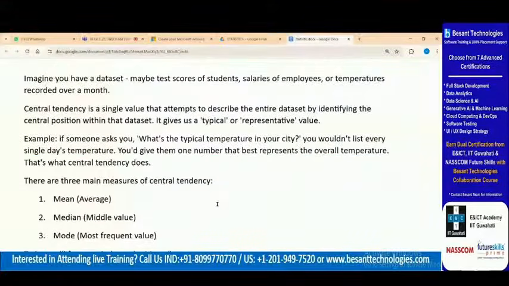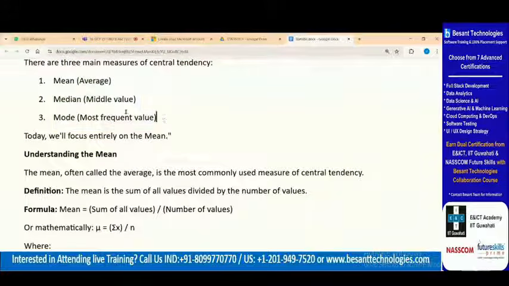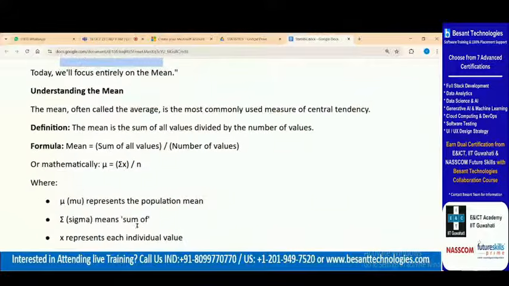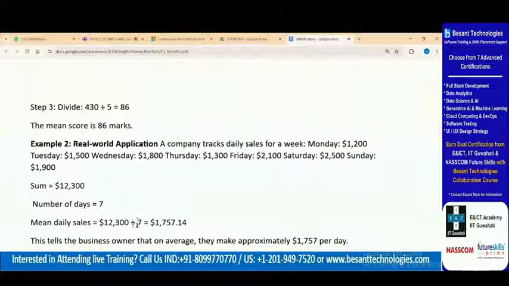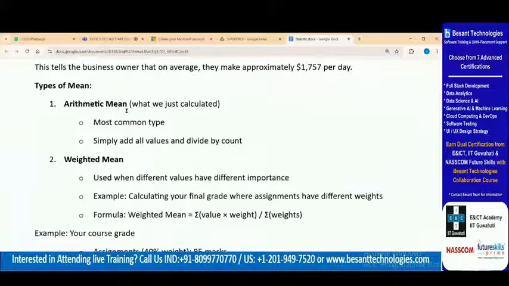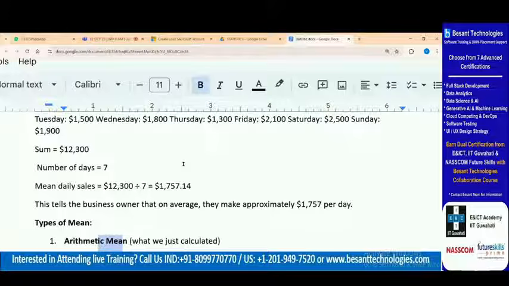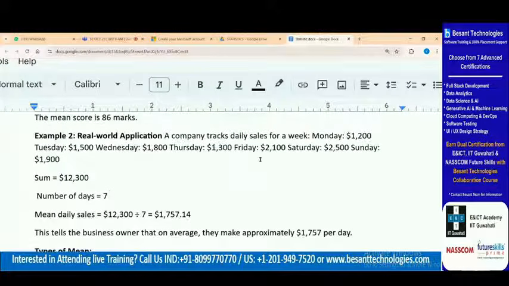So in central tendency, you have three types. Now we are with mean. In mean, again, it is separated into two types: arithmetic mean and weighted mean. Arithmetic mean is just what we saw now. We have all the data points together, add them up and divide by one value, and again we get the answer as some value.